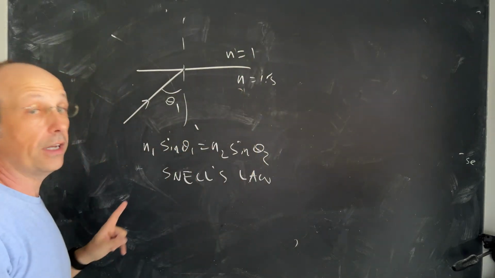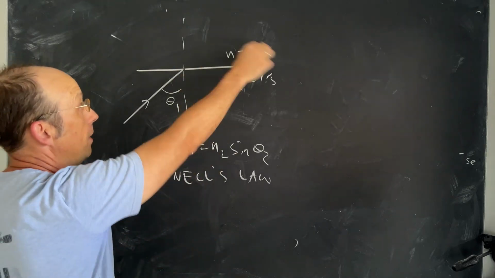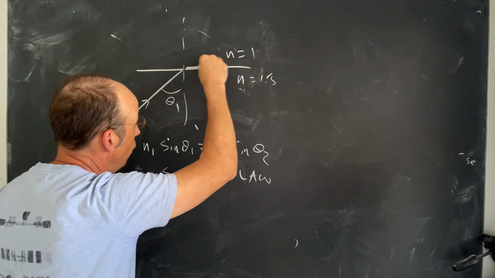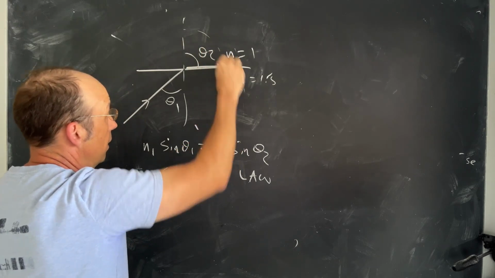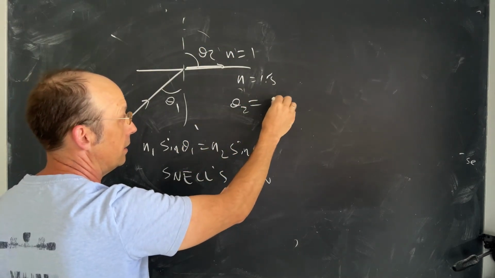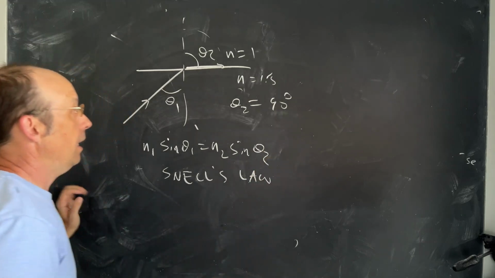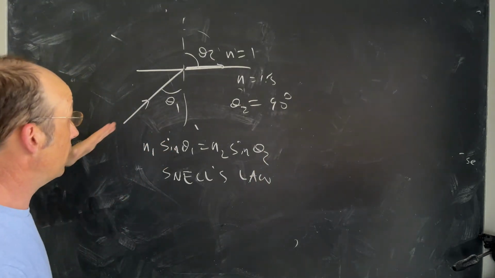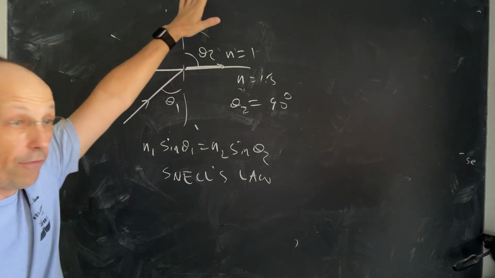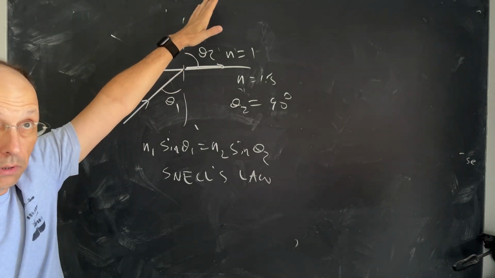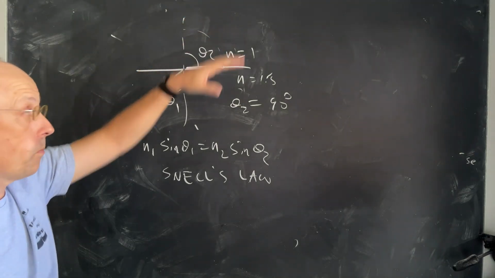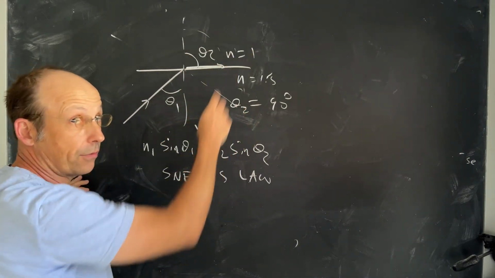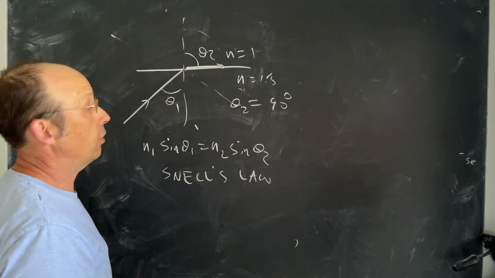When you're going from a higher index of refraction to a lower one, it's going to bend away from this angle. And it's possible that you could bend it so far that theta 2 is 90 degrees. And when that happens, it's called the critical angle. And it's really kind of amazing. But the light will come here, and none of it will pass through. None of it will go into the material. You can get reflected light, but none will pass through. Okay, and that's called the critical angle.